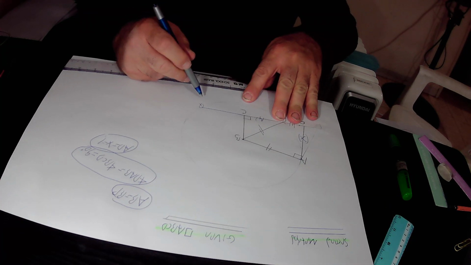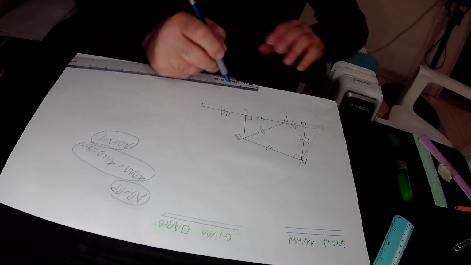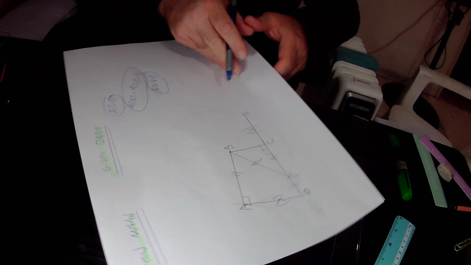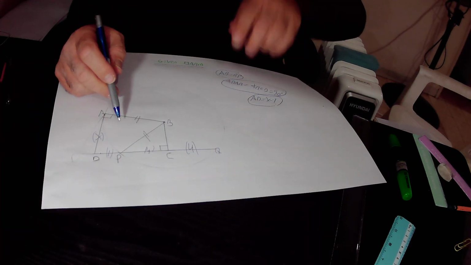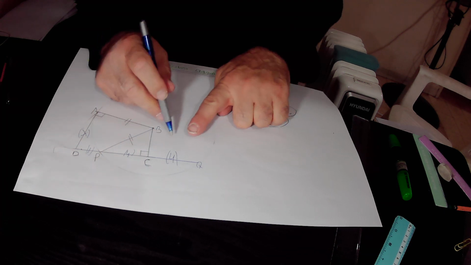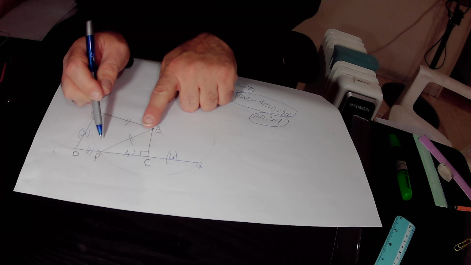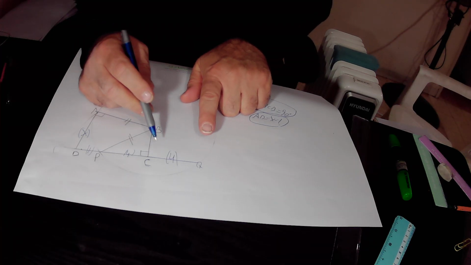Repeat again that CB equals 4 units according to our construction. This is line CB and this equals 4 units. We extended side DC by 4 units and therefore CQ equals 4 units in length.